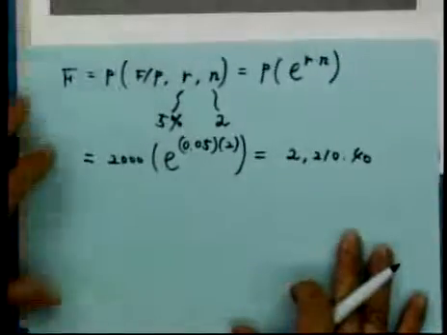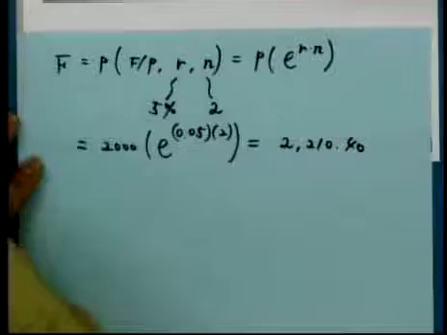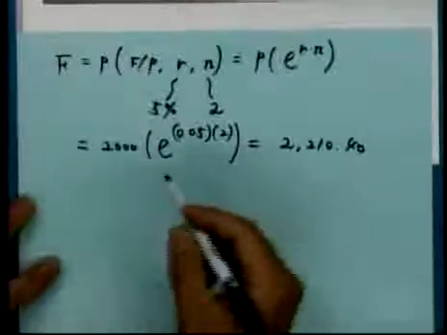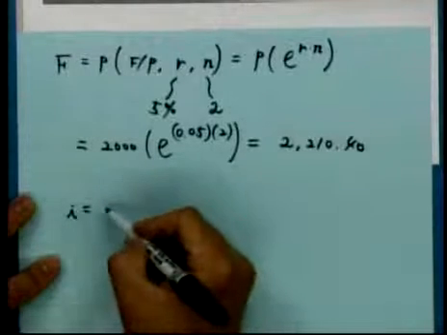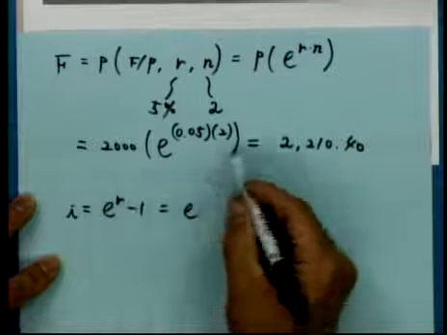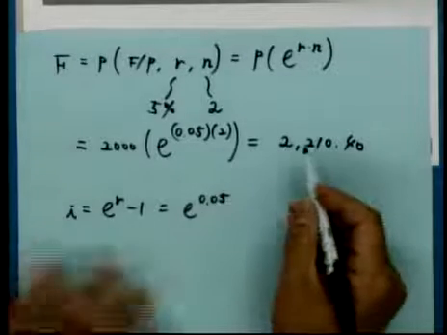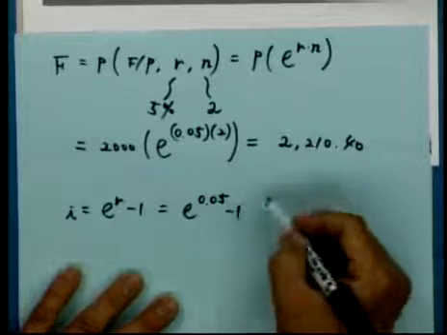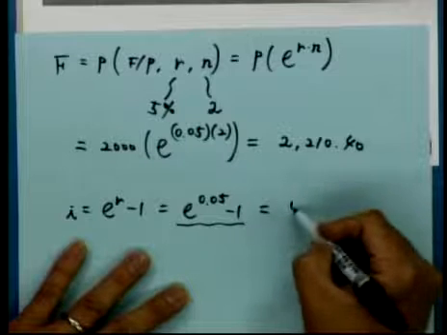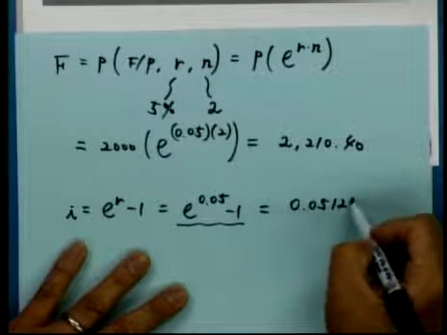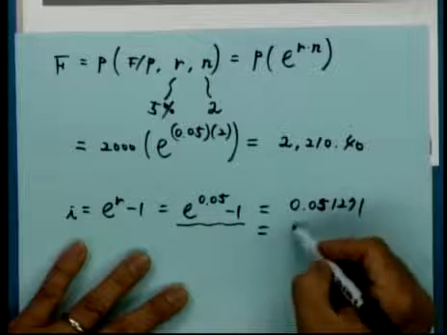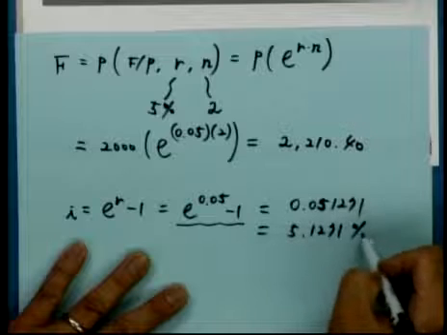Also, we can use a different formula, which is this formula, effective interest rate per year. We can get I to be e to the power r minus 1. So e to the 0.05 minus 1. And this value becomes 0.051271. So it's going to be 5.1271%.